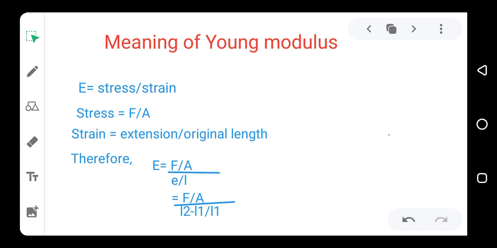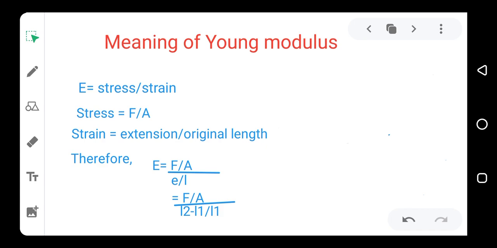When you apply force per cross-sectional area in an object, it always results in either an increase or decrease in the length of the object. Yes, it can result in an increase in the length of the object if you are stretching the object.